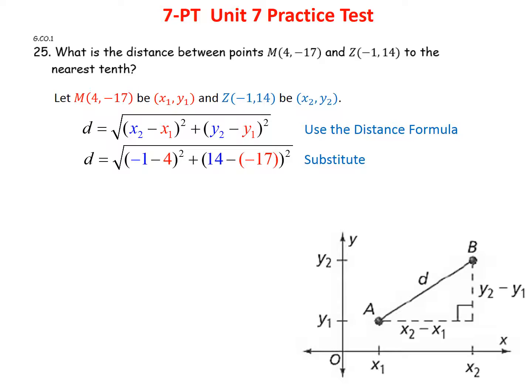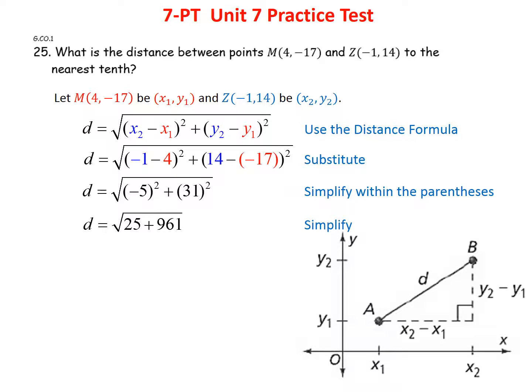So I can change any subtraction to adding, but then I'm adding the opposite. What's the opposite of negative 17? Positive 17. So you end up with 14 plus 17. So we end up here with negative 5 squared and 31 squared.